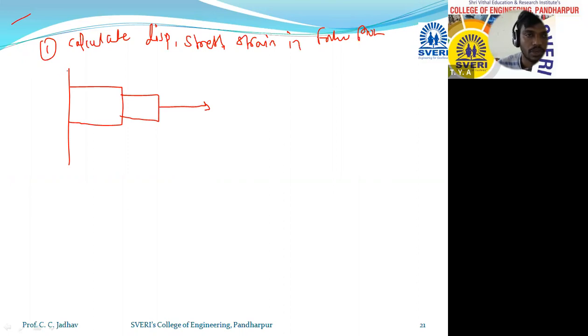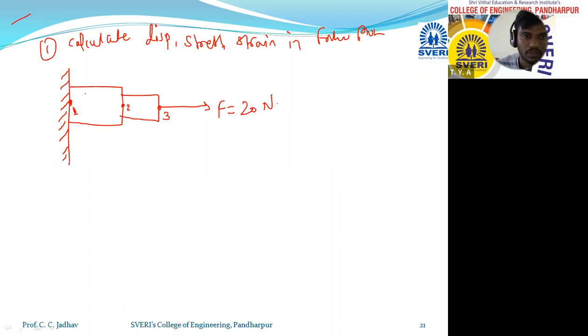Okay, so this is your 2 element problem, which has one end fixed and at the other end a force applied, that is 20 Newton. Okay, so this is your point 1, this is your point 2, this is your point 3.